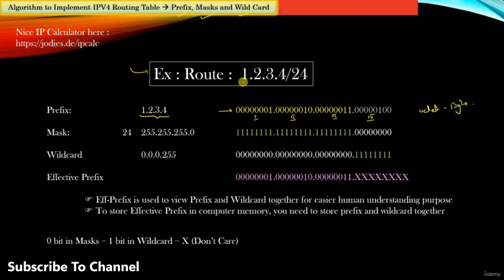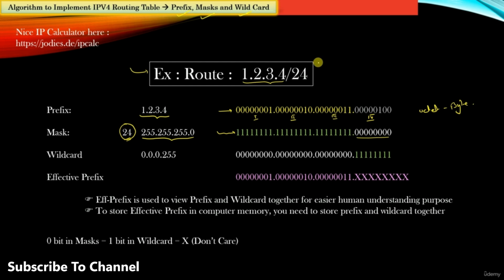So the actual IP address part of a route is the prefix. Then the mask is the 24. In A.B.C.D notation, we express the mask as 255.255.255.0. This 24 actually means that the first 24 bits in the binary representation of the mask are 1, whereas the last 8 bits are going to be 0.